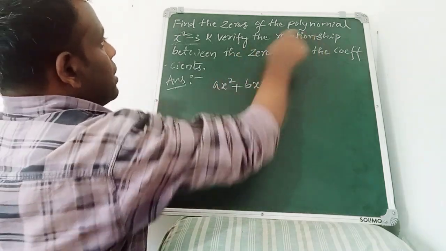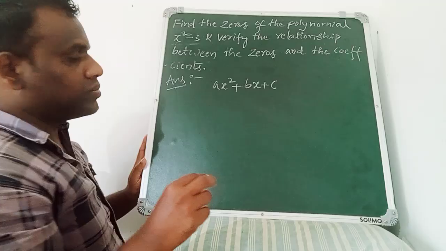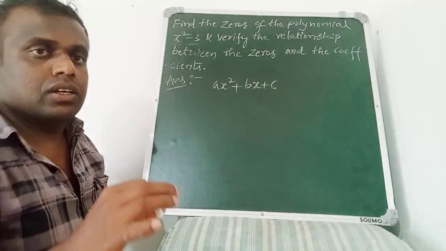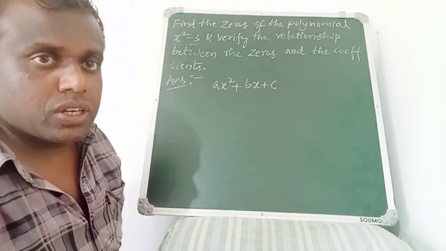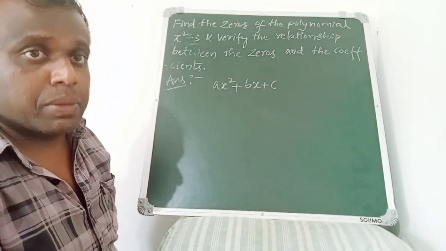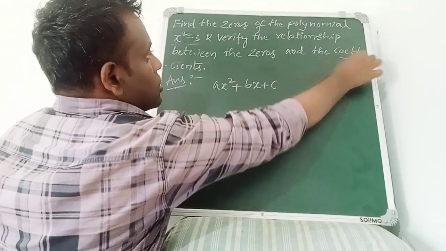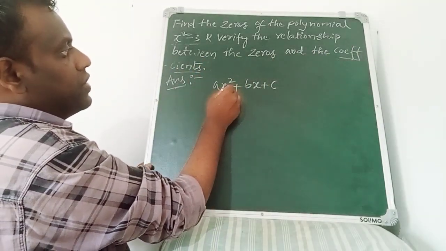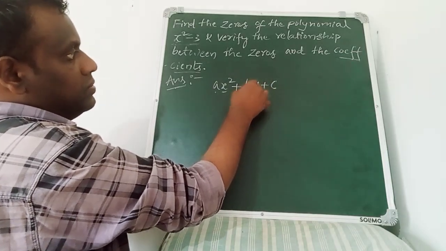Second, they are telling us to verify the relationship between the zeros and coefficients. This means first we have to find the zeros. After finding the zeros, we have to check whether the zeros are correct or not by comparing with the coefficients. Coefficients means what? These things. Coefficient of x square is a. Coefficient of x is b.